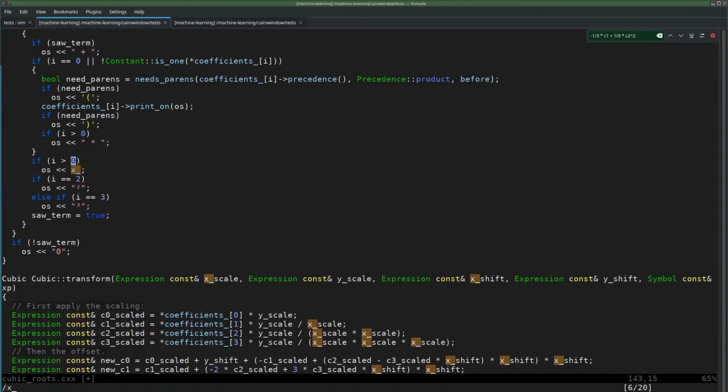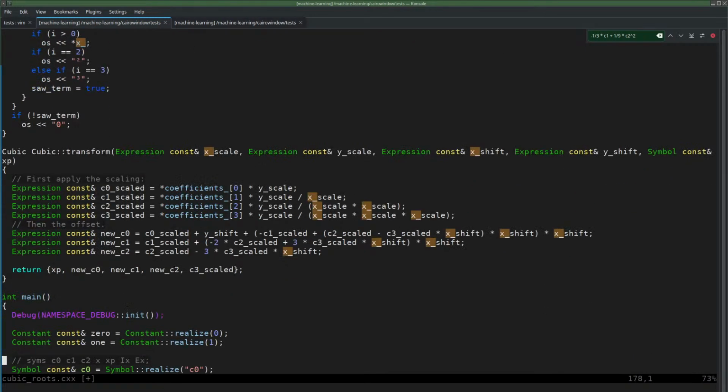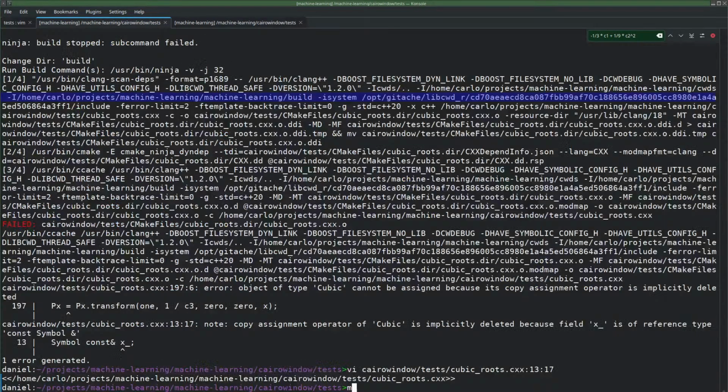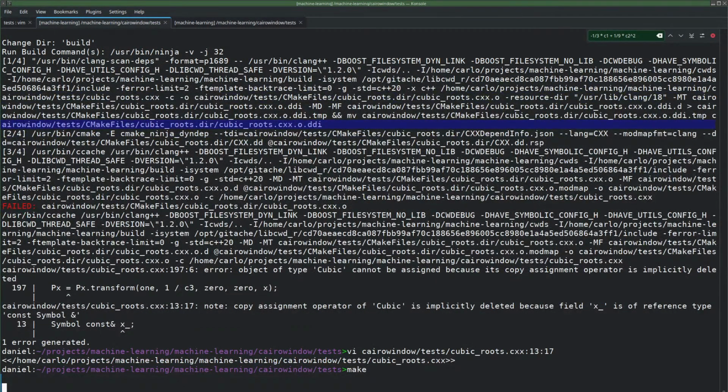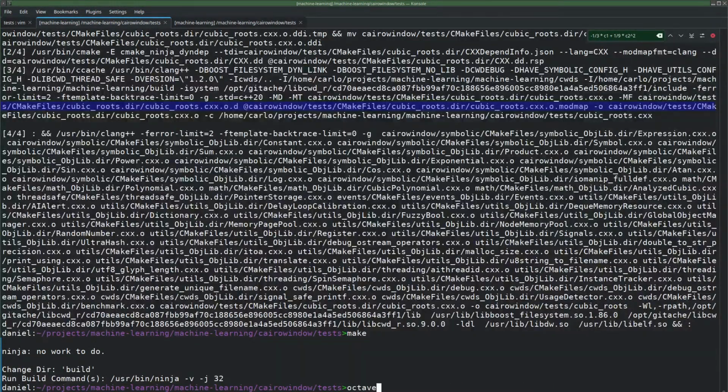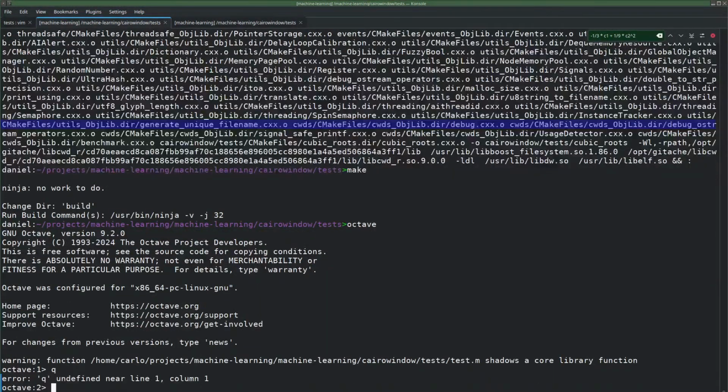And then here we print x. Cubic transform. I'm not even using x here. That was it. No, not Octave.